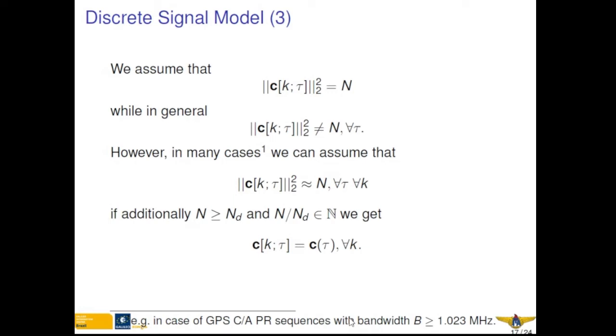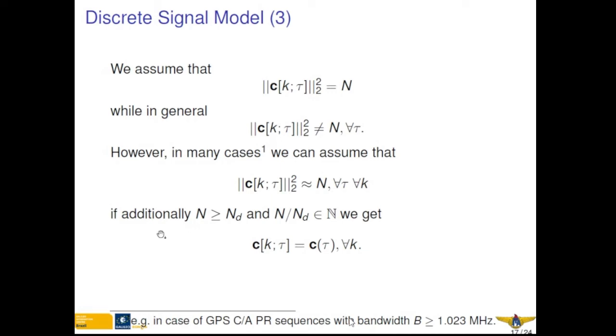So we can stick to that here, that the squared L2 norm of C is approximately N. Additionally, we assume that we have more samples than bit symbols, and these bit symbols are called chips. Maybe I didn't mention this so far.